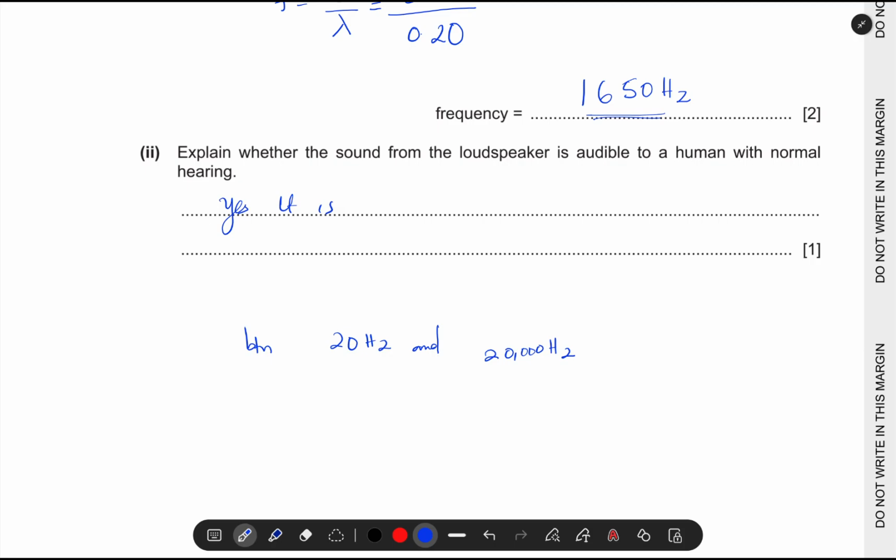It is very much audible, as the value of frequency found is between 20 Hz and 20,000 Hz, which is the range in which a human being can listen.